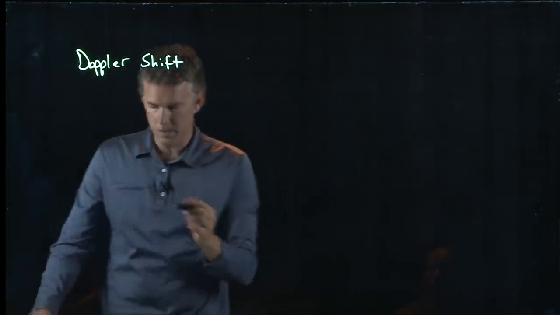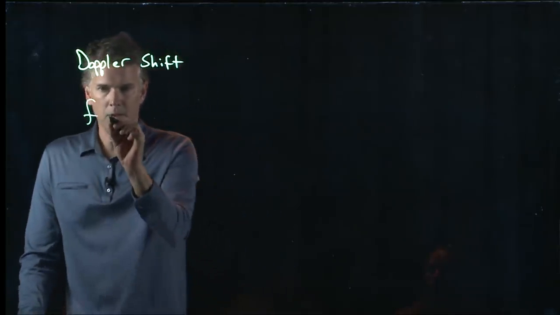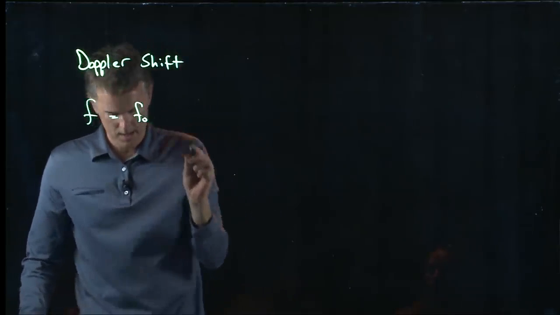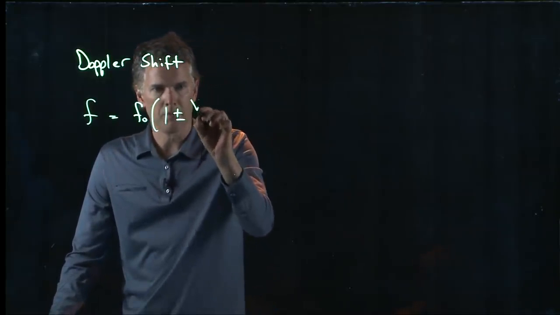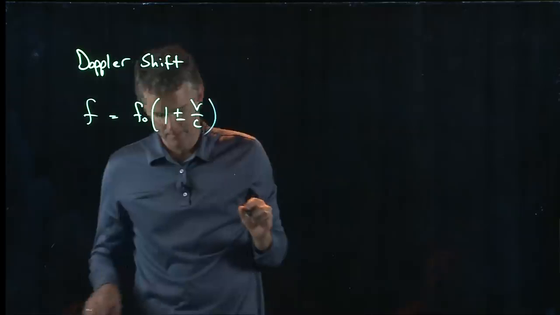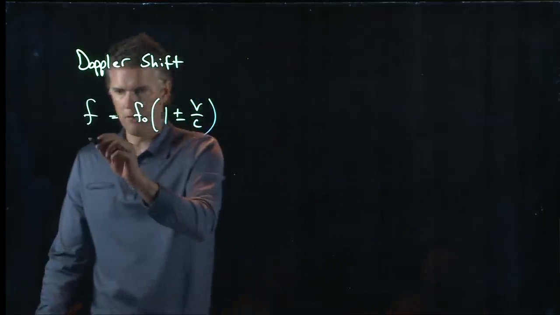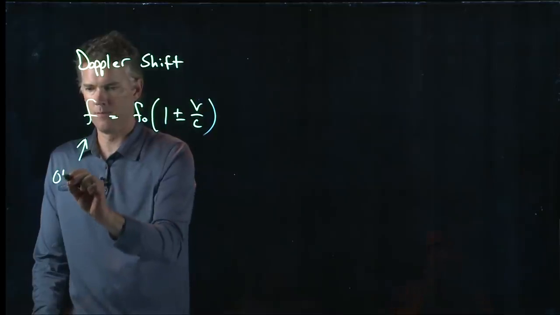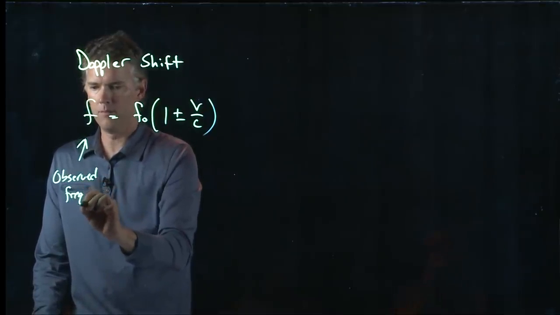So the equation that we need is the following. F is equal to F naught times 1 plus or minus v over c. Okay? So this is the frequency that you measure, the observed frequency.